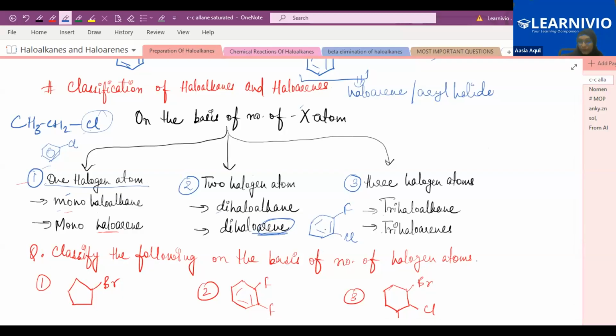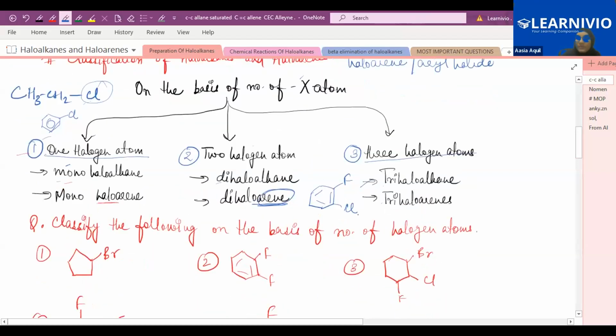If two halogen groups are attached to the benzene ring, the aromatic system, we call it a dihaloarene. Clear, Aneesha? Yes, ma'am. Similarly, when three halogen atoms are there, it is called a trihaloalkane or trihaloarene. So it's very simple.